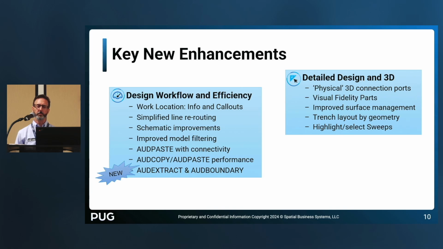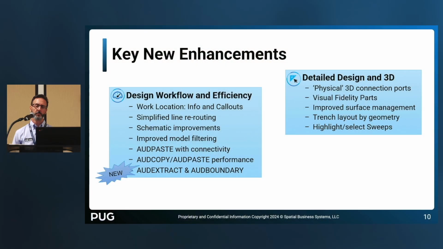We have a system in place now for handling what we call visual fidelity, and this is to allow designs to have really complicated 3D content for detailed drawings, but then also have a more simplified content for larger drawings. Again, this may be something that may not come up in distribution unless you're getting really into a lot of 3D design layout. There are some really nice improvements to the dialog for managing surfaces. It also allows renaming of surfaces.